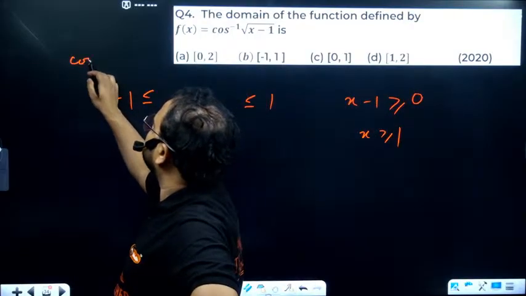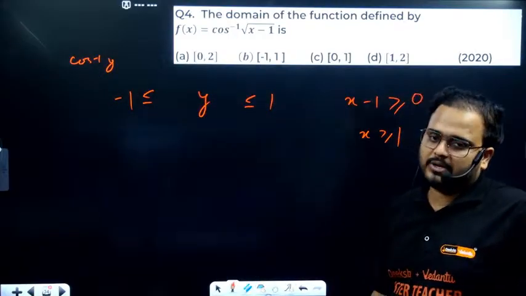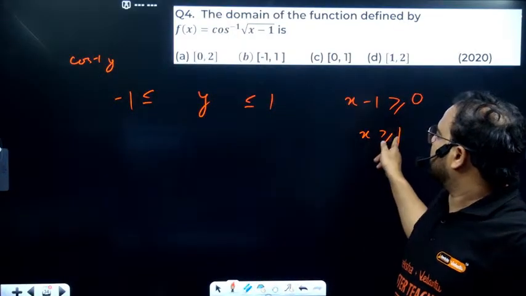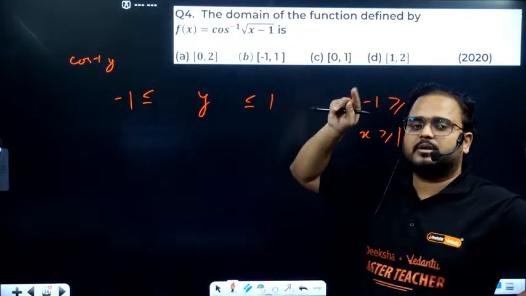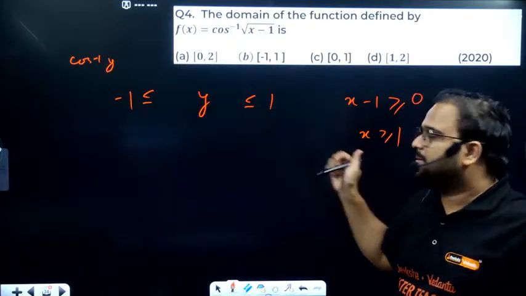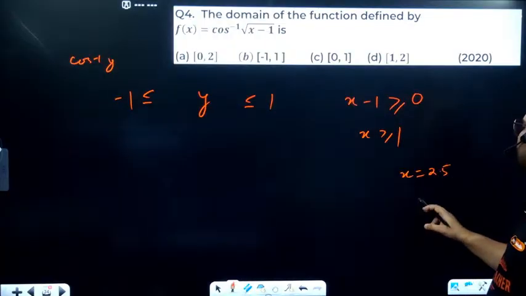If you take cos inverse of something, let's say y is given, then y is from minus 1 to 1. If you take 2 over here, it becomes root of 2 minus 1, which is 1. Any value after that will be more than 1. If I take x as, let's say, 2.5, what is the value going to be?